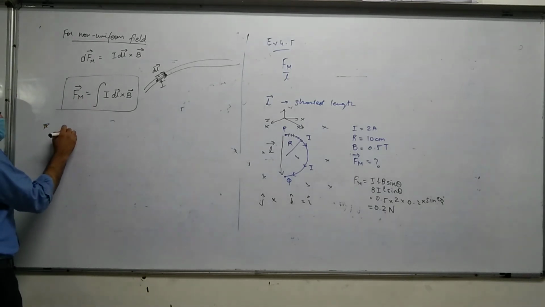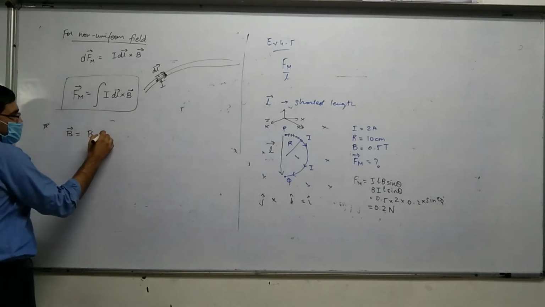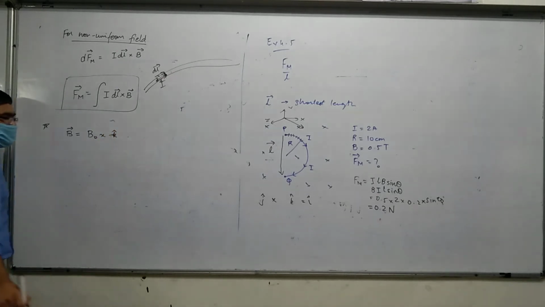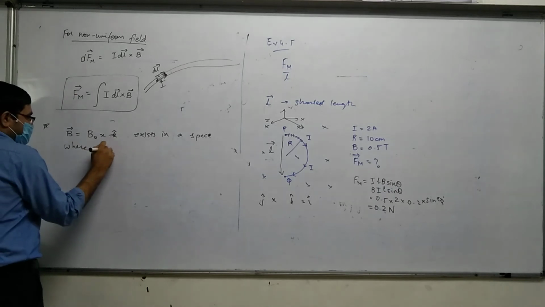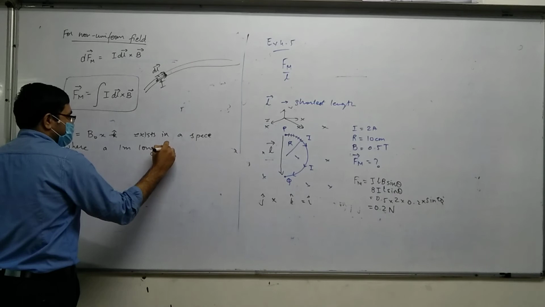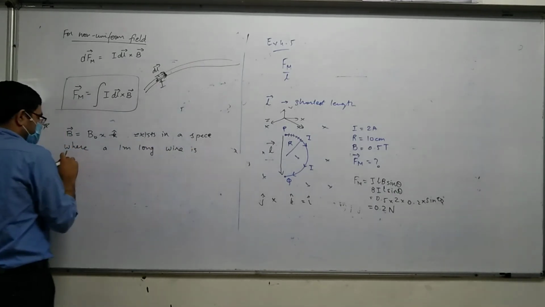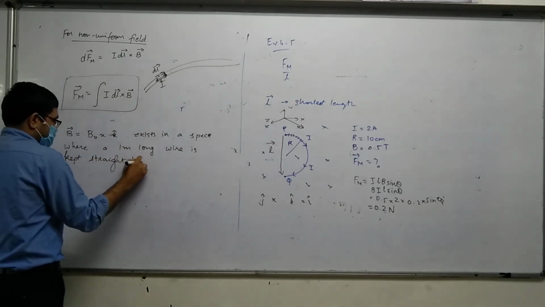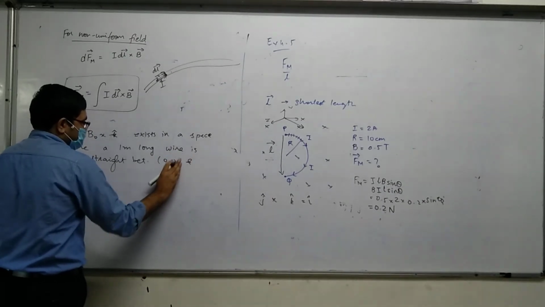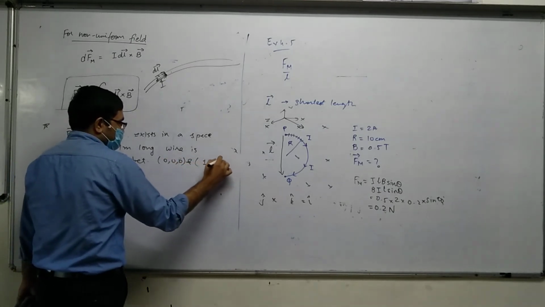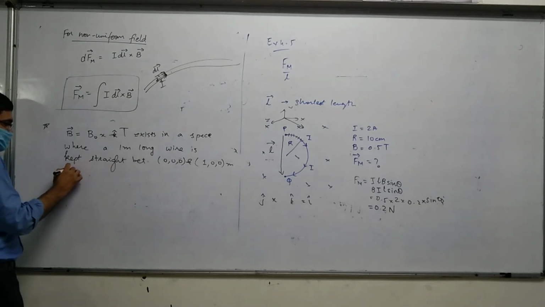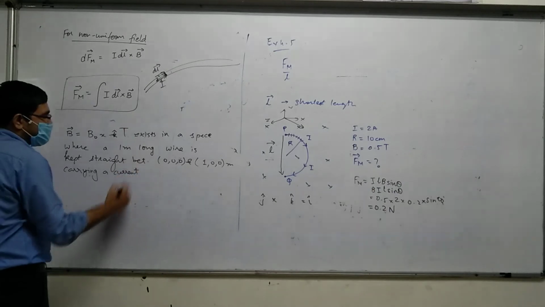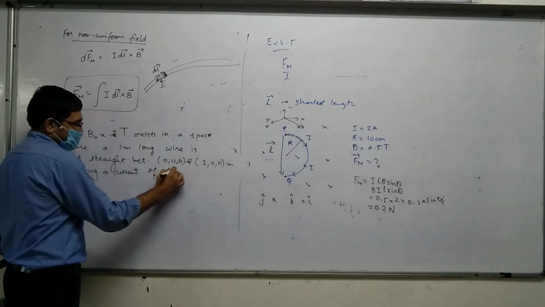I am giving you one question, do it. If B vector equal to B0 x k exists in a space where a 1 meter long wire is kept straight between (0, 0, 0) and (100, 0, 0) meter, in SI units, carrying a current of, let's say, 2 ampere.